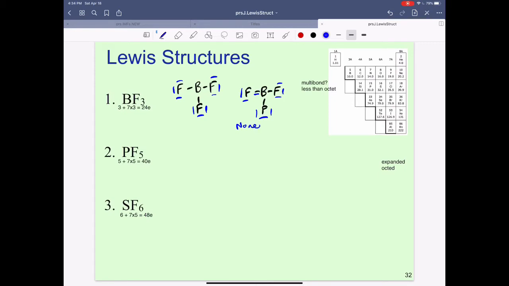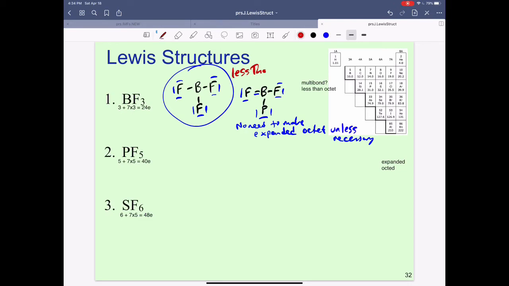No need to make expanded octet unless necessary, as you will find out in the next 2 structures. So this is actually acceptable. Boron has less than an octet. This is the only element that you will find on an AP exam that you may see this happen.